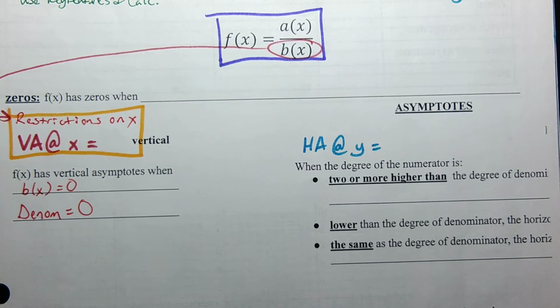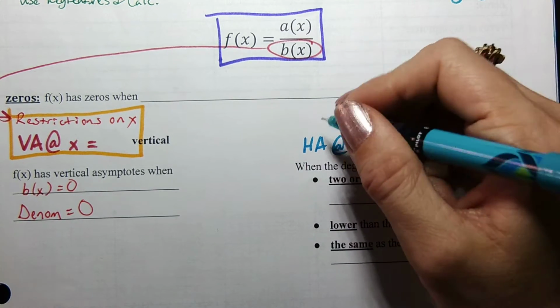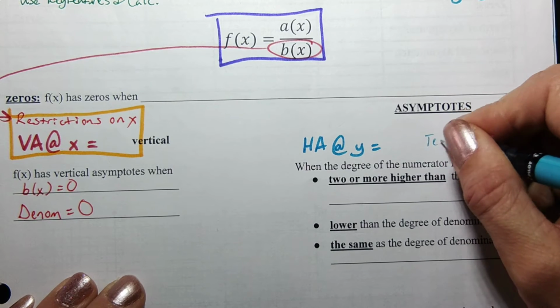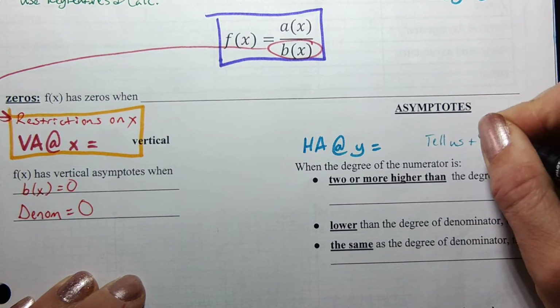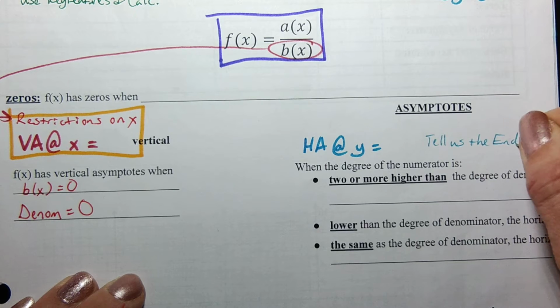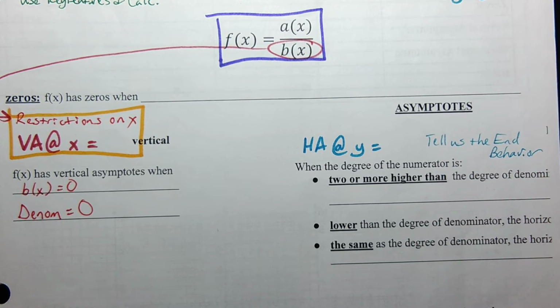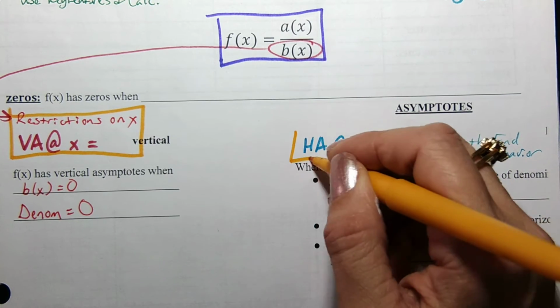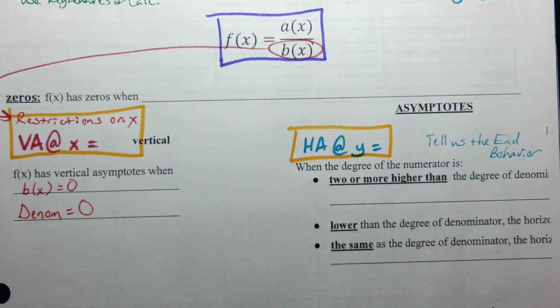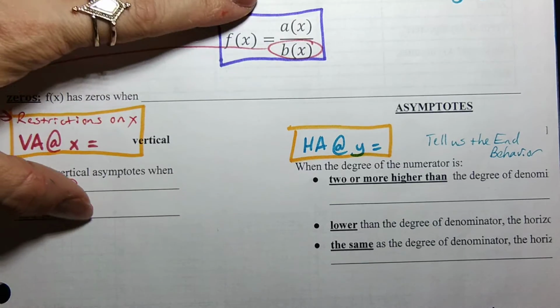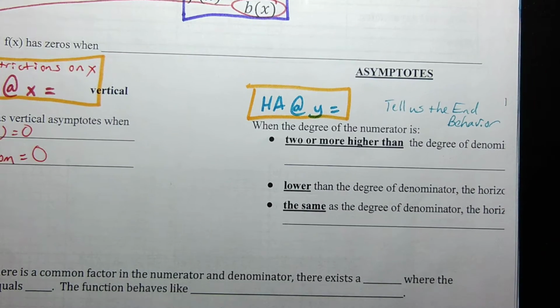Now, these asymptotes don't really come from restrictions, but they tell us about the end behavior, which is what my graph does as it approaches infinity and negative infinity, which is kind of nice. So they tell us the end behavior. Now what's cool with the horizontal asymptotes is we can tell using these little shortcut rules what the horizontal asymptote will be based on the equation.